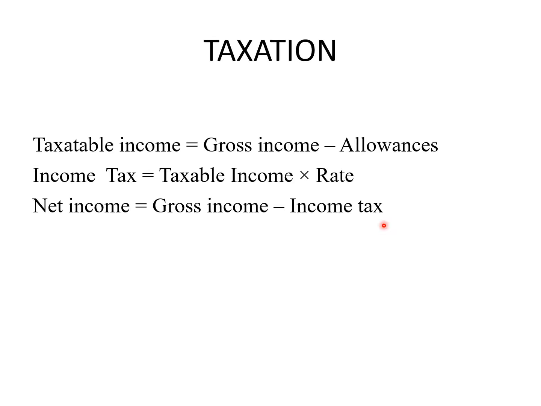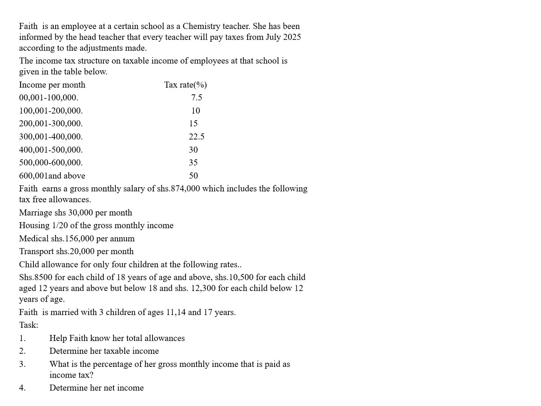But should you find NSSF to be deducted from an employee, then you'll need to know how much will not come to someone's account: the income paid as tax, and at the same time NSSF. But for now, we have net income as gross income minus income tax.